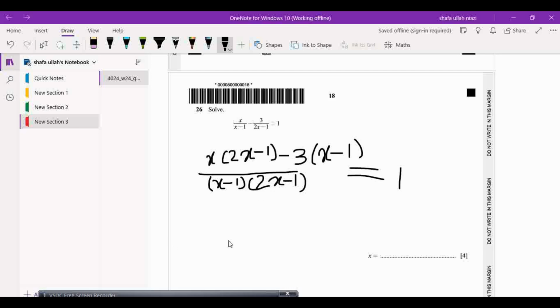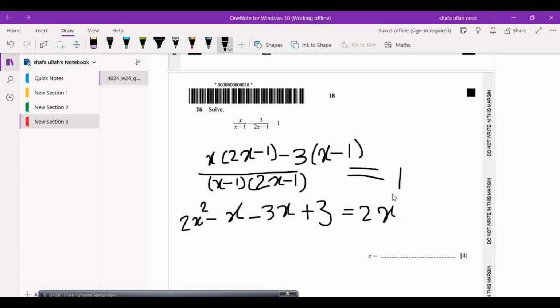We simplify it further. When we multiply x with 2x, we get 2x square. So we write 2x square minus x minus 3x plus 3, and we shifted this both to here. It will multiply with 1, so multiply 1 will be same. So x will multiply with 2x minus 1, we get 2x square minus x.